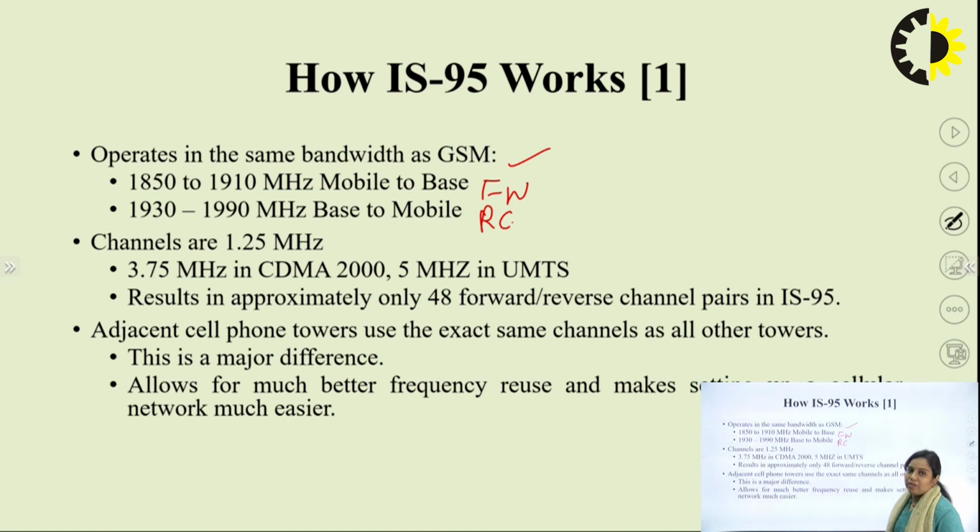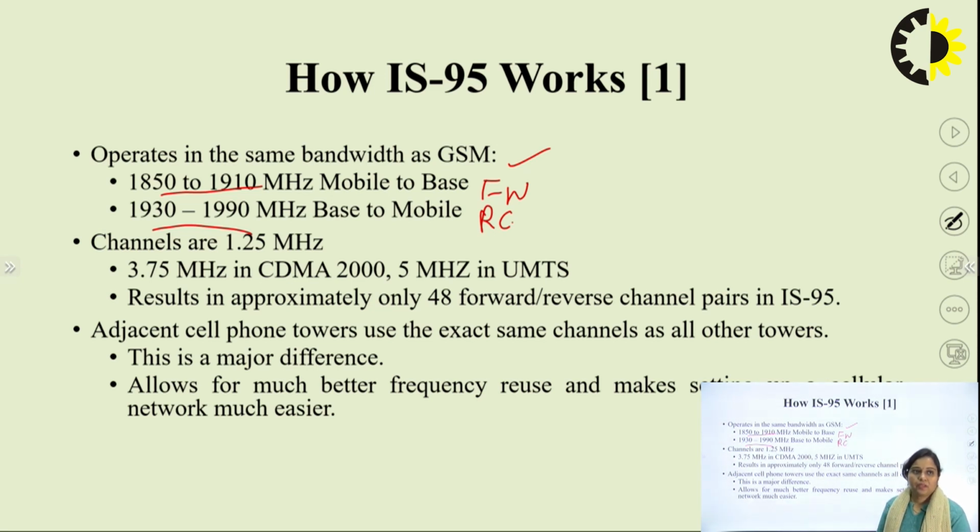When the data is transmitted from mobile to base station, it is transmitted at 1850 to 1910 megahertz. When data is transmitted from base station to mobile, the frequency range it uses is 1930 to 1990 megahertz.